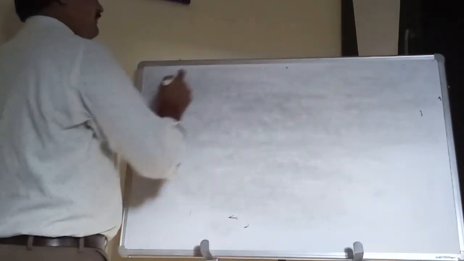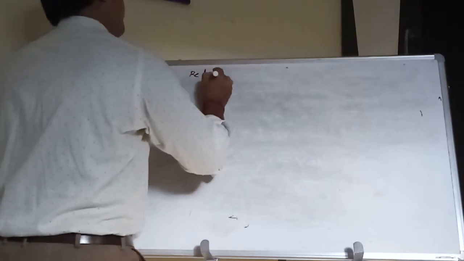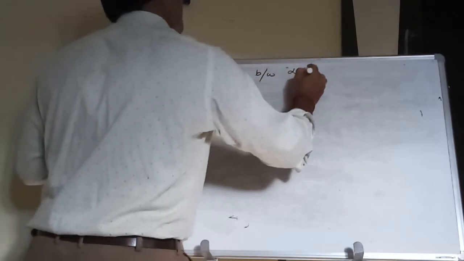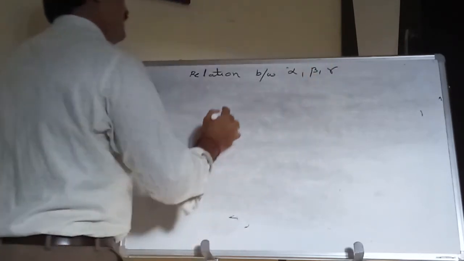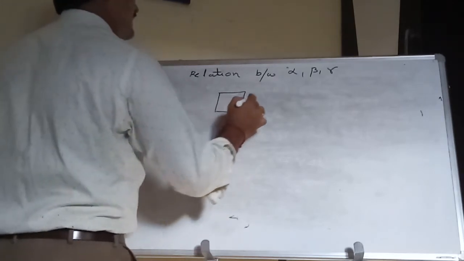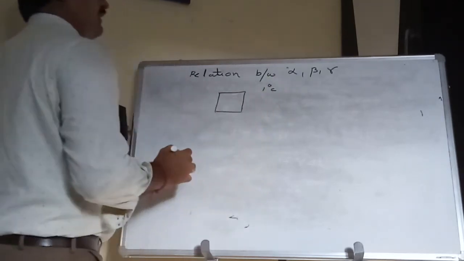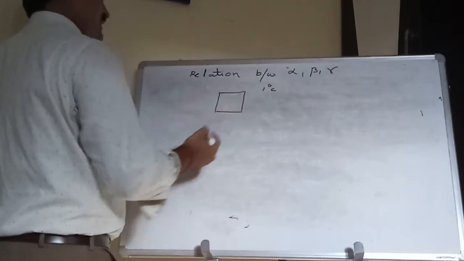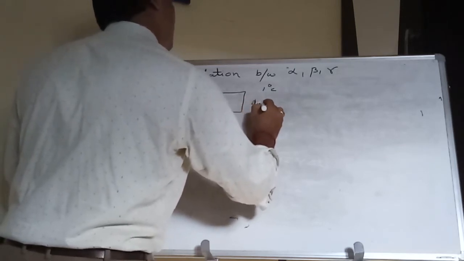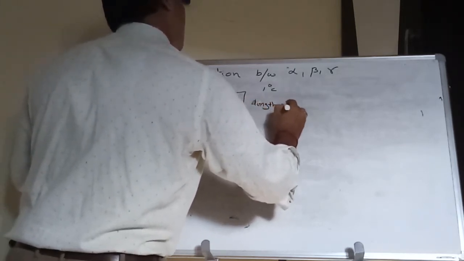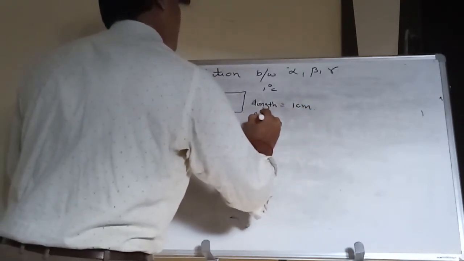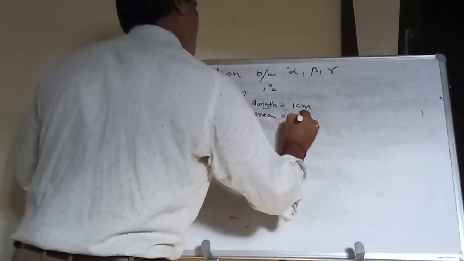Next, the relation between alpha, beta and gamma. Take a unit cube, raising the temperature by 1 degree centigrade, with initial and final dimensions. The side length is 1 centimeter and the area is 1 centimeter square.